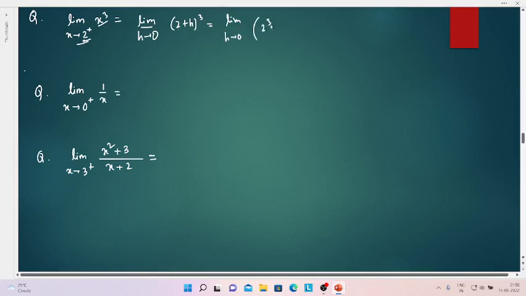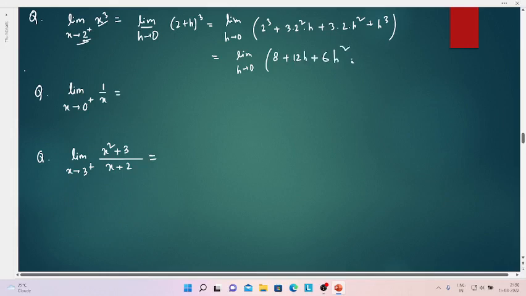It will be 2 cube plus 3 times 2 square times h, plus 3 times 2 times h square, plus h cube. So it will become the limit as h tends to 0 of 8, plus 3 times 4, which is 12h, plus 6h square, plus h cube.